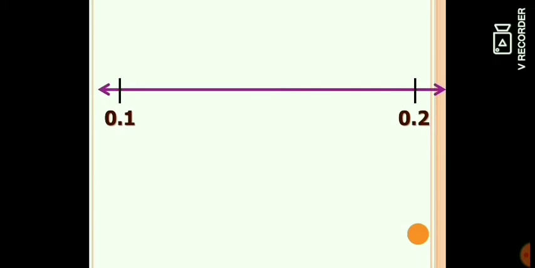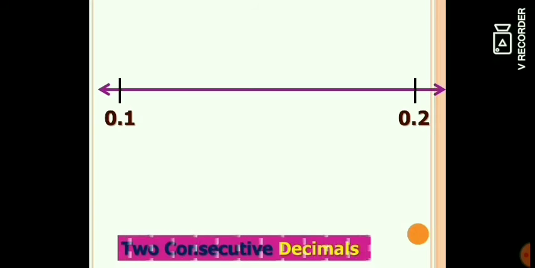If we have 0.1 and 0.2, actually 0.1 and 0.2 are two consecutive decimal numbers. So if we want to find some decimals that are in between them, they're going to be smaller and smaller. So how can we find them?